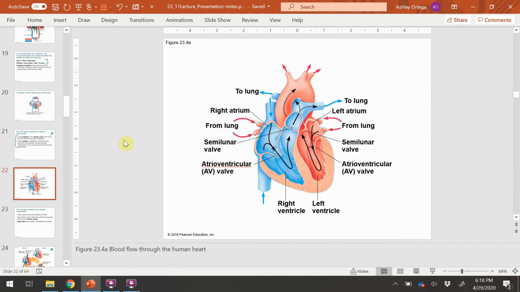You can also see the pulmonary artery carrying blood away from the heart to the lungs, and then the aorta carrying oxygen-rich blood away from the heart to the rest of the body, up top there.